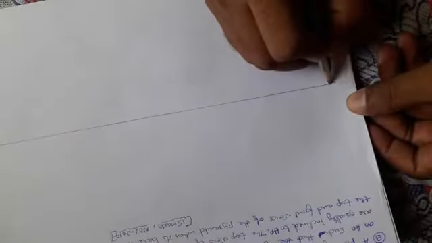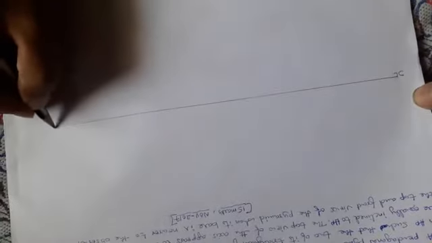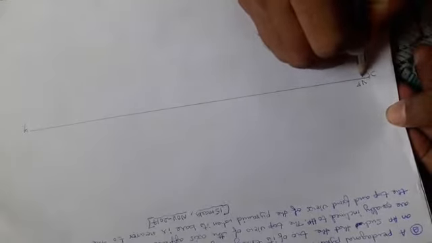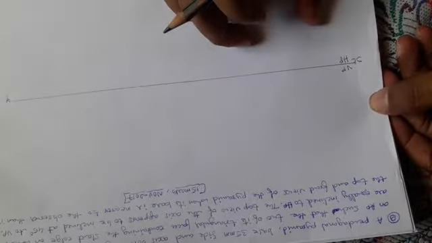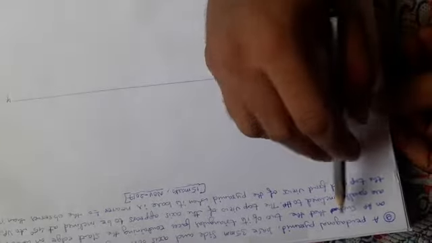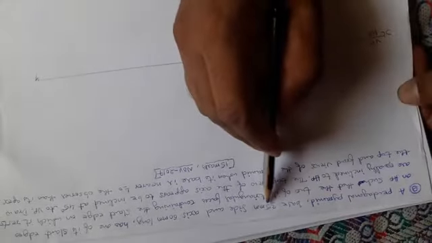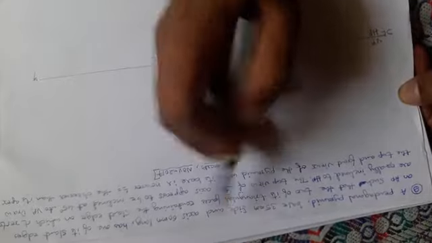Here I am going to write X and Y at both ends of the line. This is VP, and this is HP. In the top view, it is required to draw the base of the pentagonal pyramid, and the base side is 35 mm.